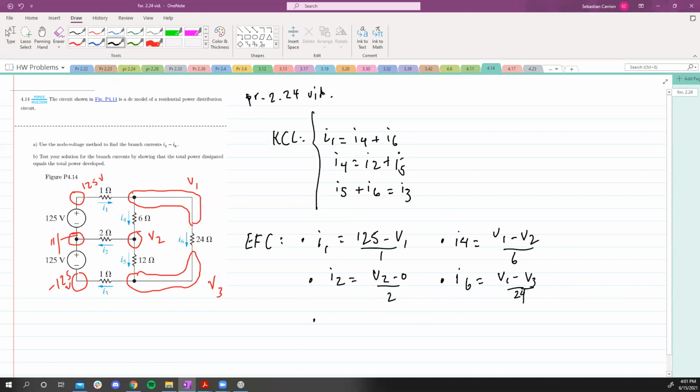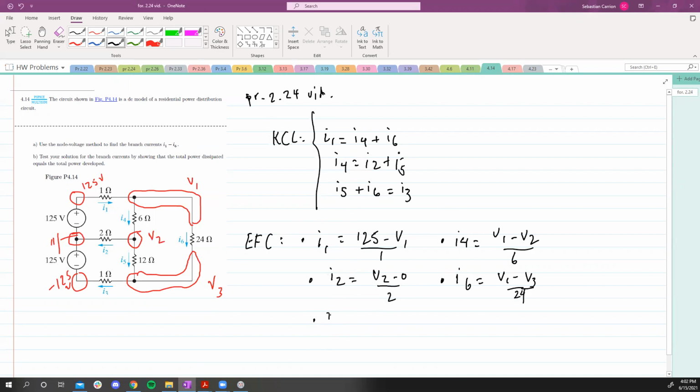Oh, wait, no, we shouldn't have 8 equations. We should have 9. I didn't account for V3. So yeah, should have 9 equations. So we should have 6 EFCs, 3 KCL equations. Okay. I6, leaving off.